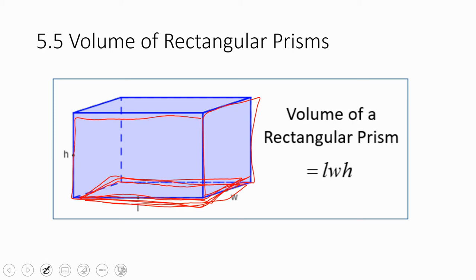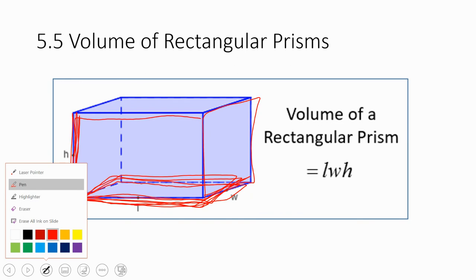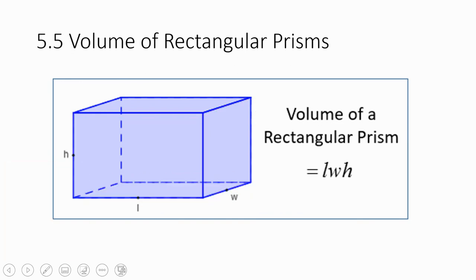Now, anytime you're finding the volume of some three-dimensional shapes, you will find the area of the base, and then you'll multiply that by the height of the prism. So the area of the base is length times width.